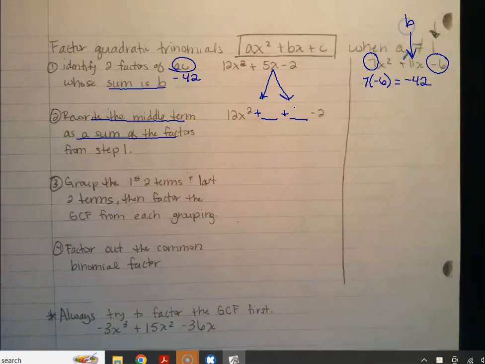We're trying to get this positive 11. So 14 times negative 3 equals negative 42, but 14 plus negative 3 equals a positive 11.